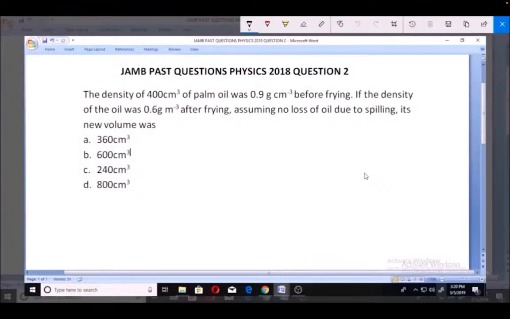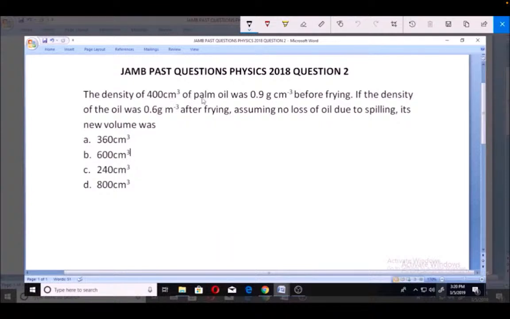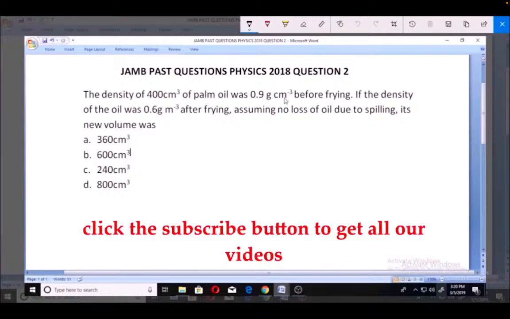Hello, welcome. Let's look at this JAMB past question for Physics 2018. Question number 2. The density of 400 cm cube of palm oil was 0.9 gram per cm cube before frying.